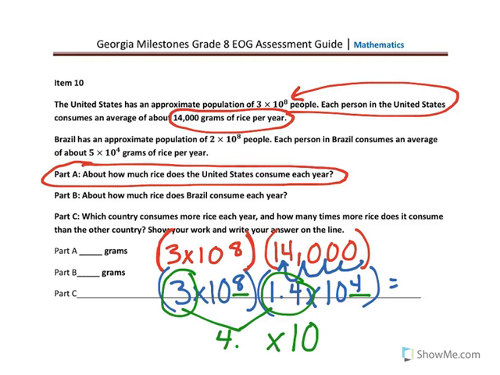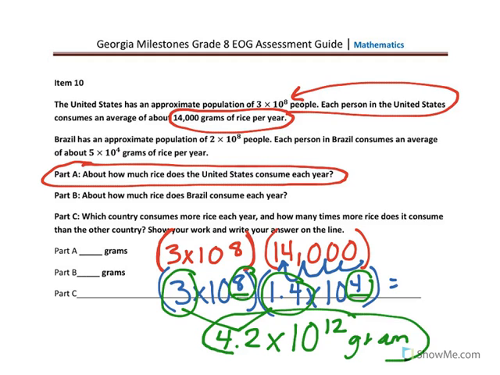So the answer is 4.2 times 10, and then with the exponents we're going to add those, 10 to the 12th power. And this is our answer for part A.